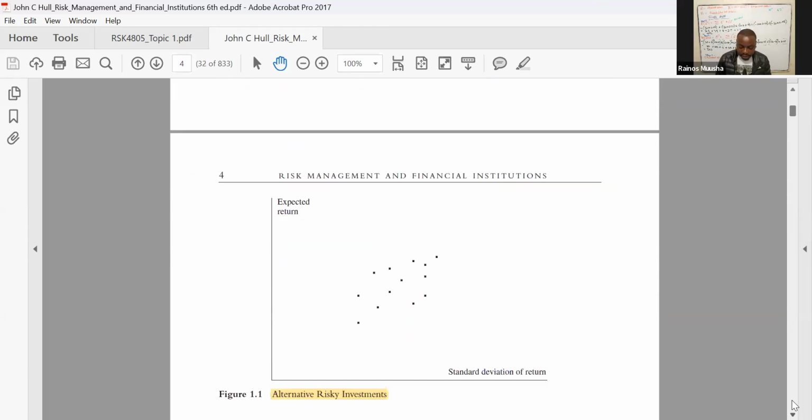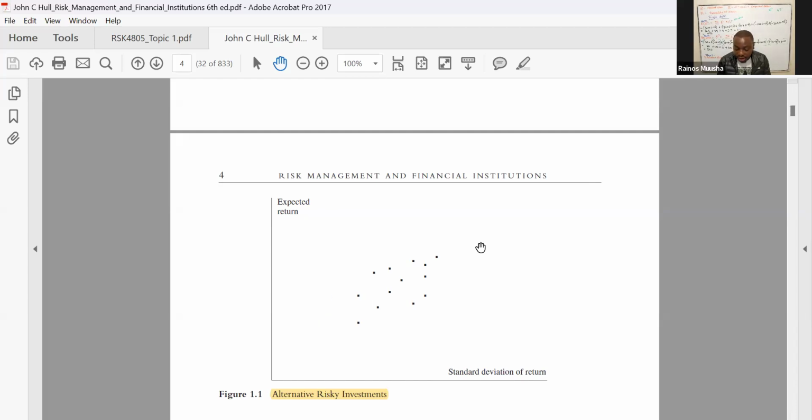So you will see that you can assess the different investment opportunities by looking at how the return plots against the risk. So the risk, as measured by the standard deviation, would be plotted against the expected return of that investment, so that you can see exactly how your investment opportunities are plotting against the risk that you're taking.